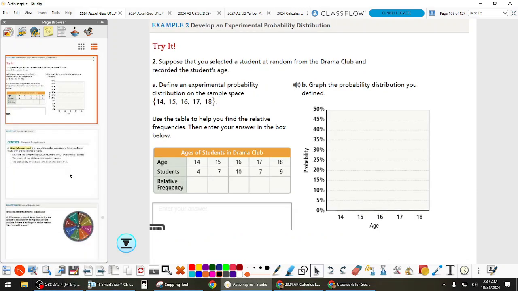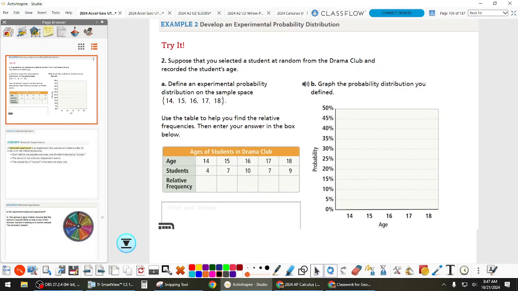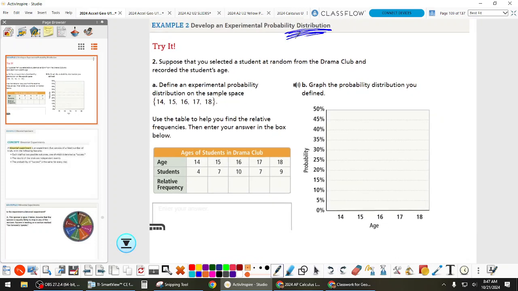So the whole idea of a distribution in general, the word distribution is talking about the shape of graphed data. And we'll see this again in Algebra 2 when we do a statistics unit, this word distribution. So hopefully it'll stick in there a little bit for you.